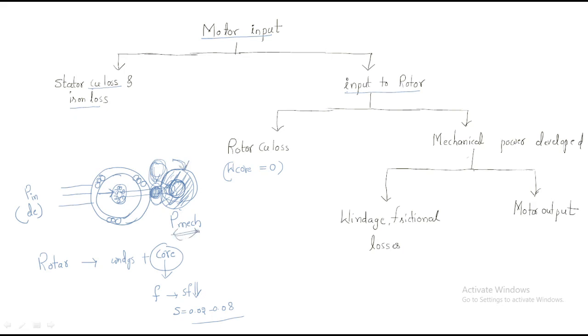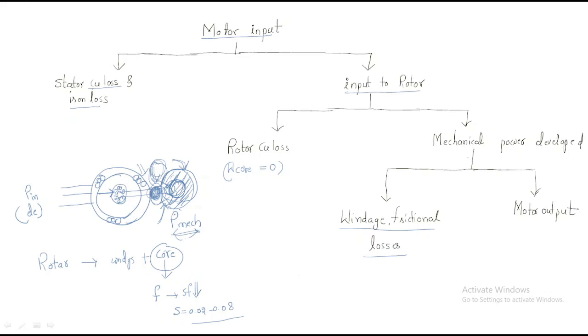That's why after the mechanical power is developed, there are windage and frictional losses. Windage means that due to the air effect, some of the power is lost. If the rotor rotates and the air opposes it, it requires more power, so some power is lost.